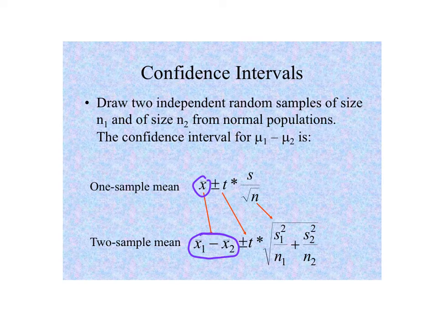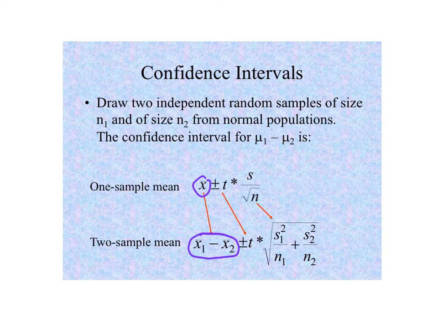Okay, let's see. T stays the same, but there's going to be one minor change here because when we would find T before, we would need to find the degrees of freedom. And remember, the degrees of freedom was n minus 1, but what do we do if we have two n's?